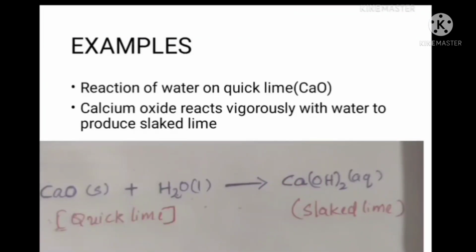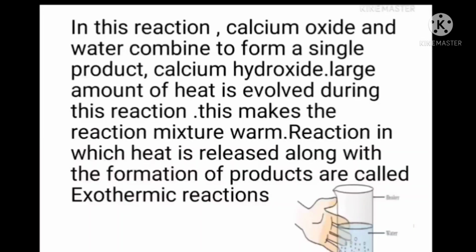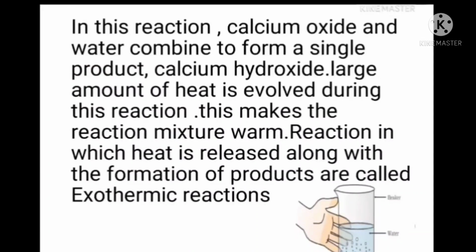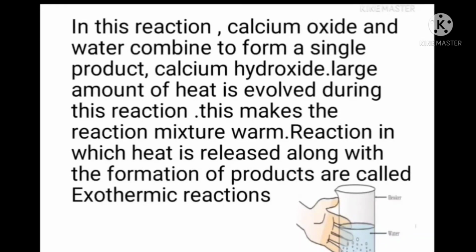That is slaked lime, calcium hydroxide. In this reaction, calcium oxide and water combine to form a single product. So it is a combination reaction. In this reaction, two compounds react together to form a single product.